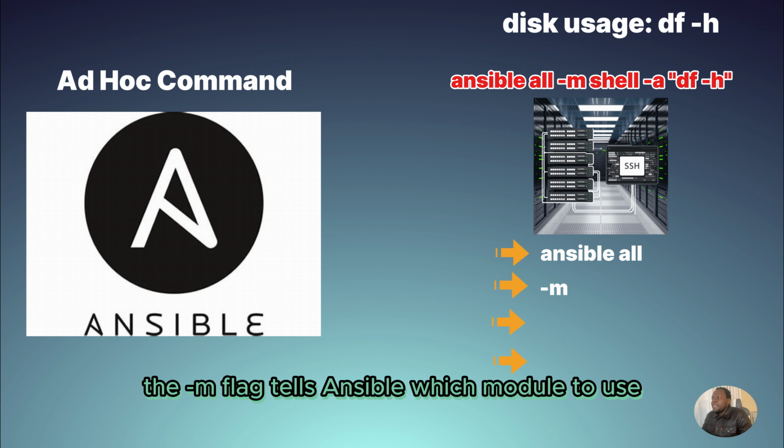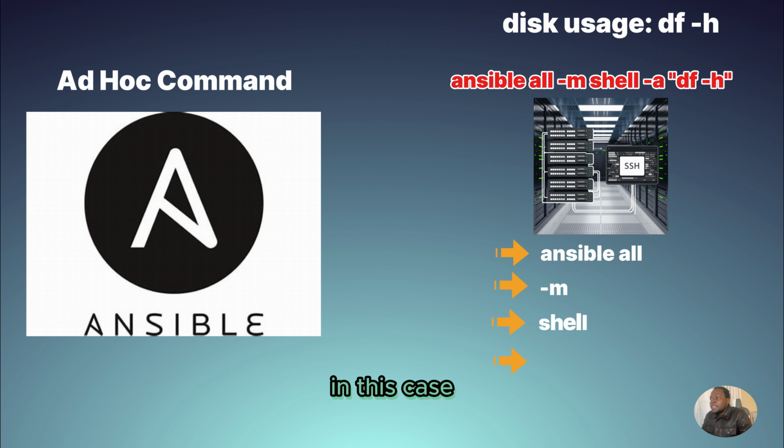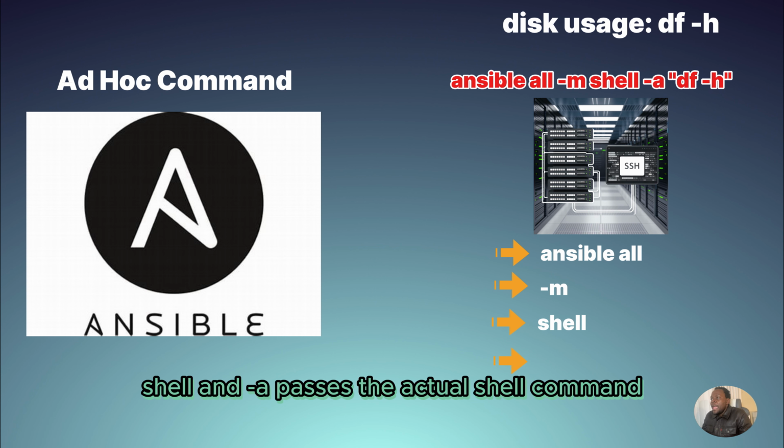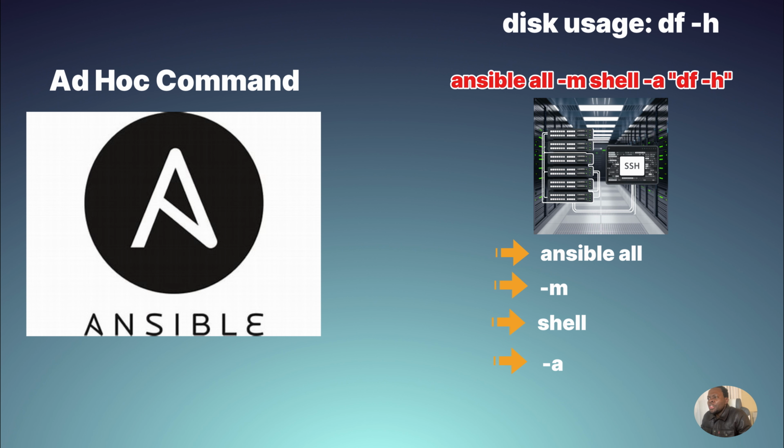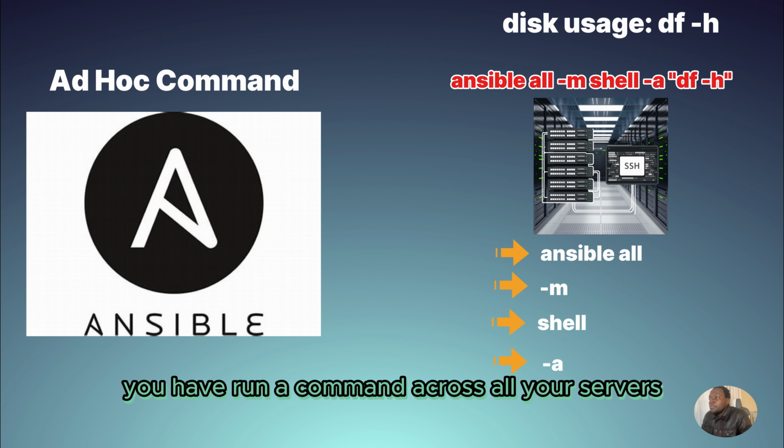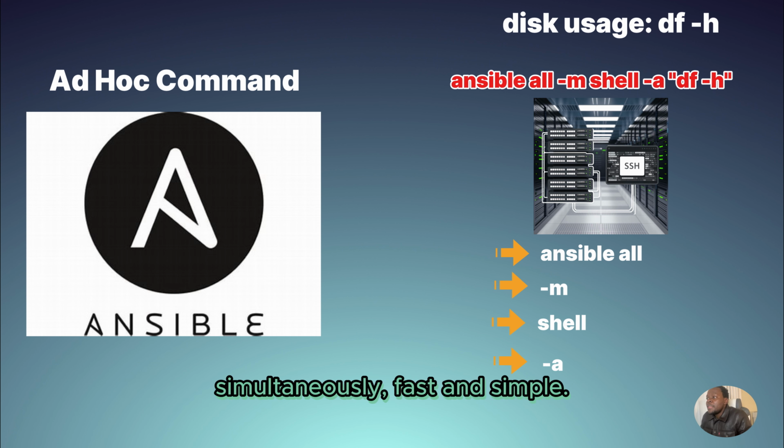The -m flag tells Ansible which module to use, in this case shell, and -a passes the actual shell command, df -h, to check disk space. Just like that, you have run a command across all your servers simultaneously, fast and simple.